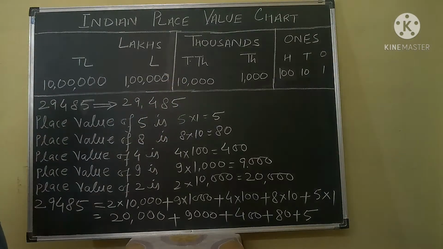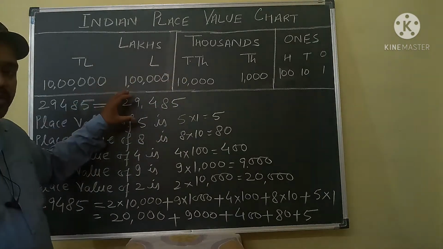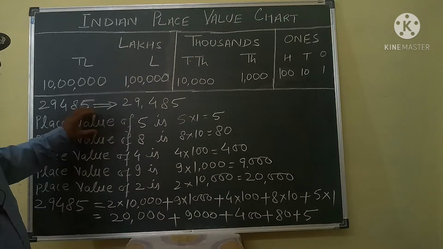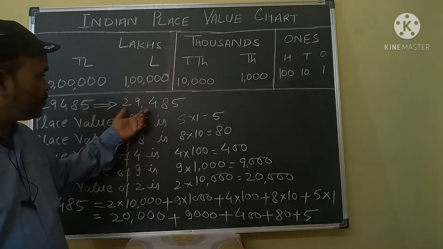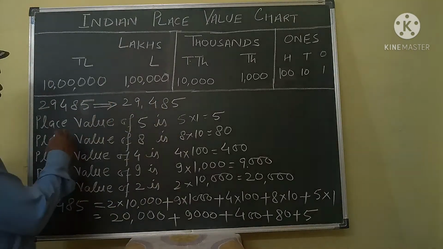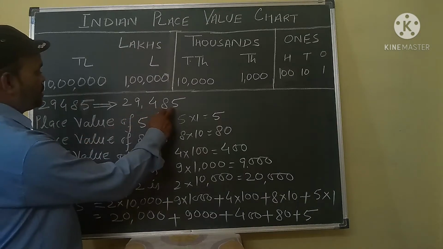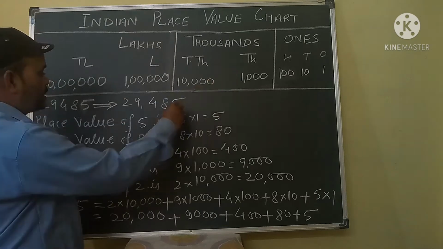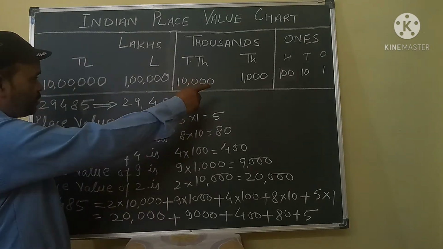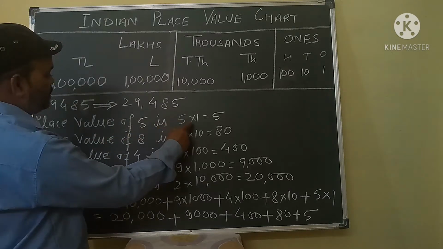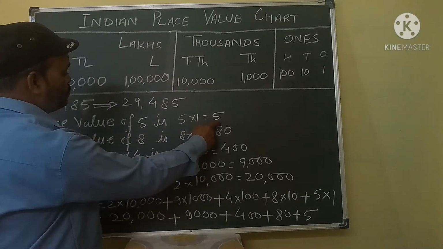Now according to the place of these digits, we can take out the value of these numbers. The place value of 5, which is in ones place, is 5 into 1 is equal to 5.